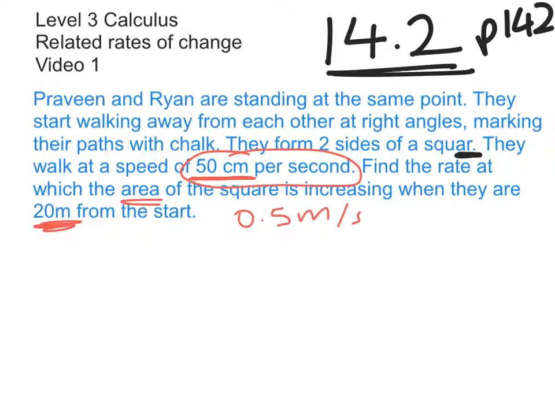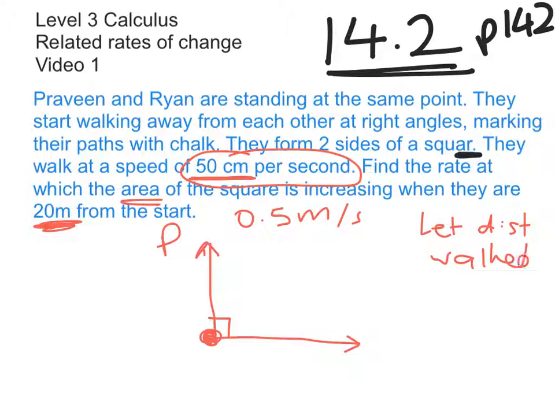So let's write down what we know and draw a picture. Often in the exam questions there'll be a diagram drawn to help you, but you should always start with one if there isn't. Okay, so Praveen and Ryan are standing here. Praveen walks this way and Ryan walks this way, and they're walking at right angles. They're going at the same rate. So let the distance walked by P or R be x.